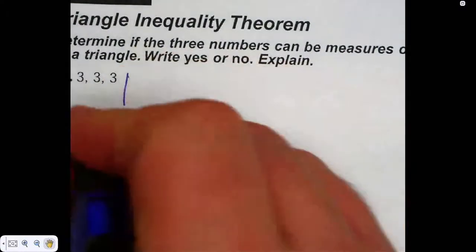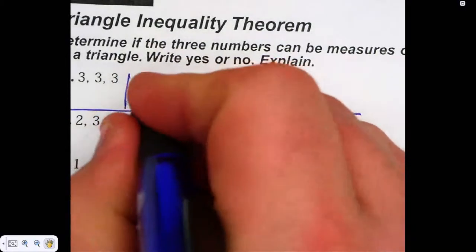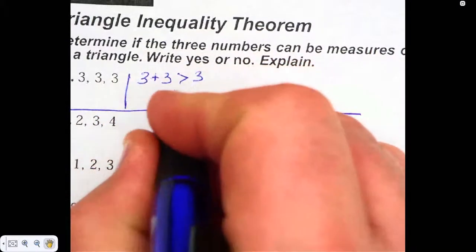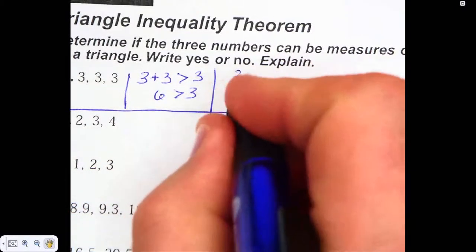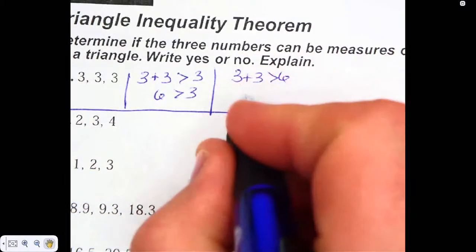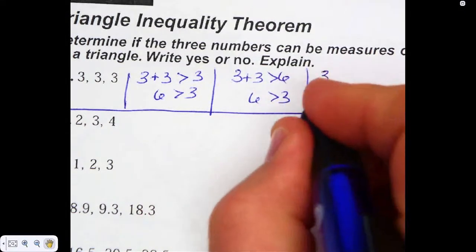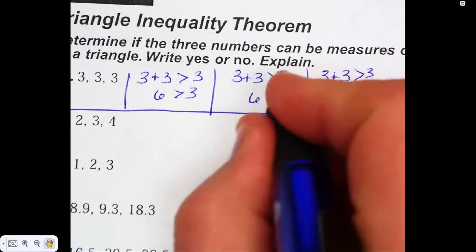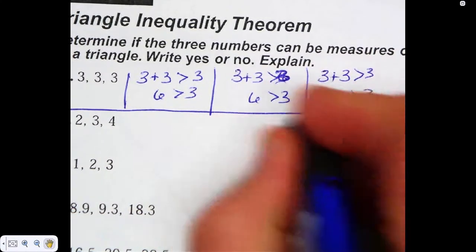So how many inequalities are you going to have to write here? 3. First of all, 3 plus 3, that has to be bigger than 3. Is 6 bigger than 3? Well, for this one, no matter how I do it, I'm always going to get 6 greater than 3, correct?